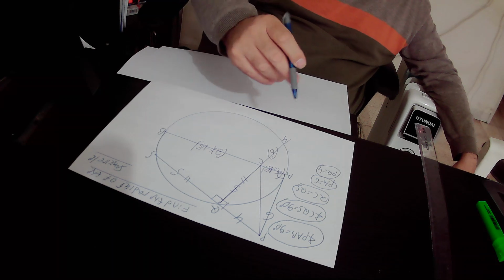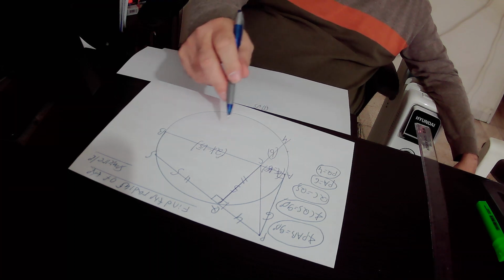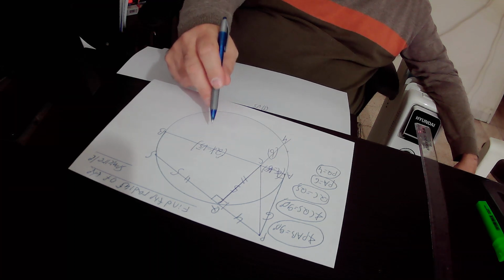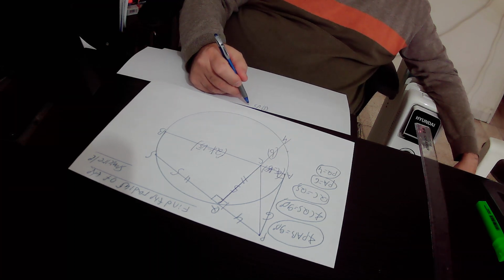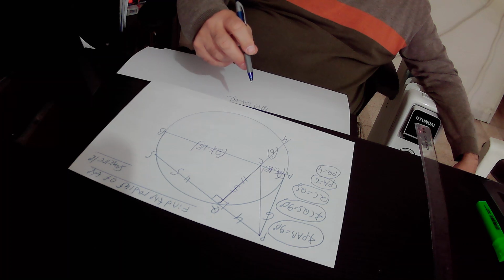AC equals square root of 5, times CQ, it equals 2x minus square root of 5, and it equals QC.